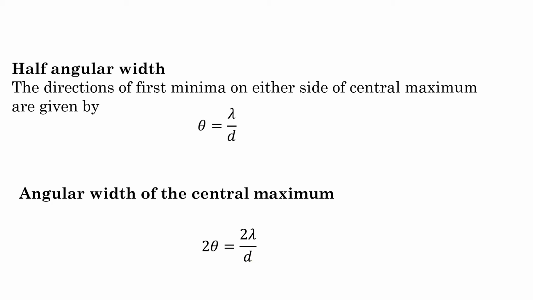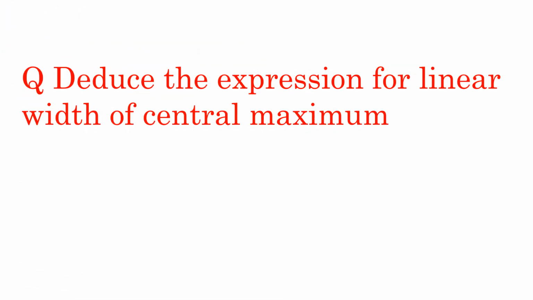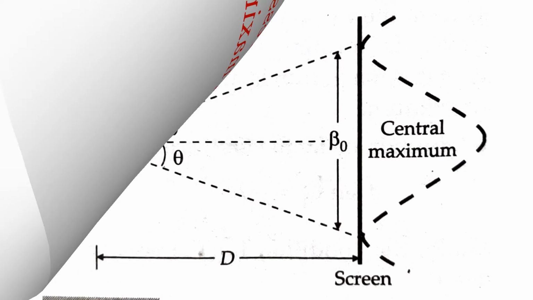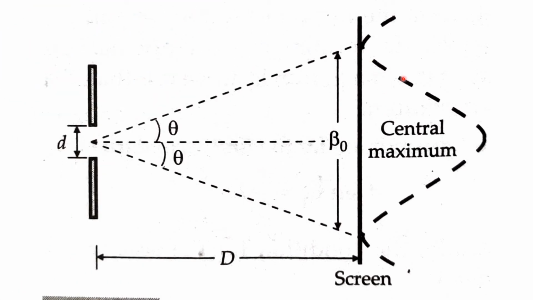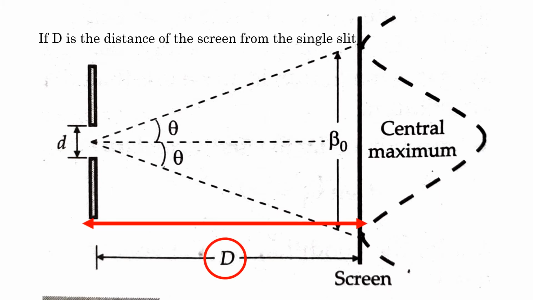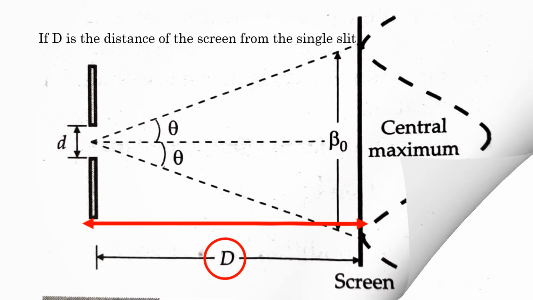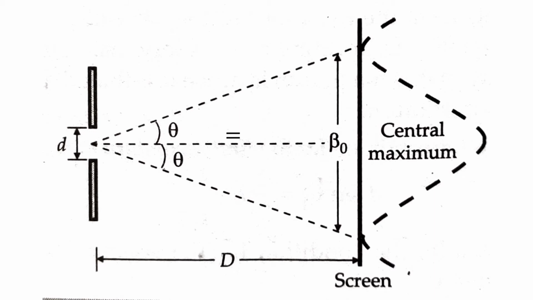Moving to our next question. Deduce the expression for the linear width of the central maximum. Now, suppose this is my central maximum and capital D is the distance of the screen from the slit, then by using this formula, angle equals arc upon radius.